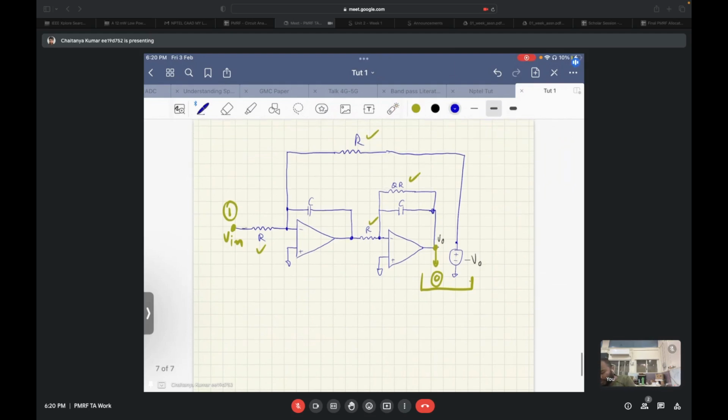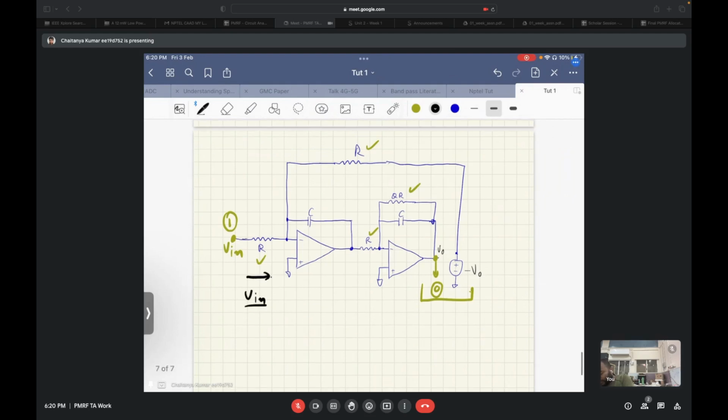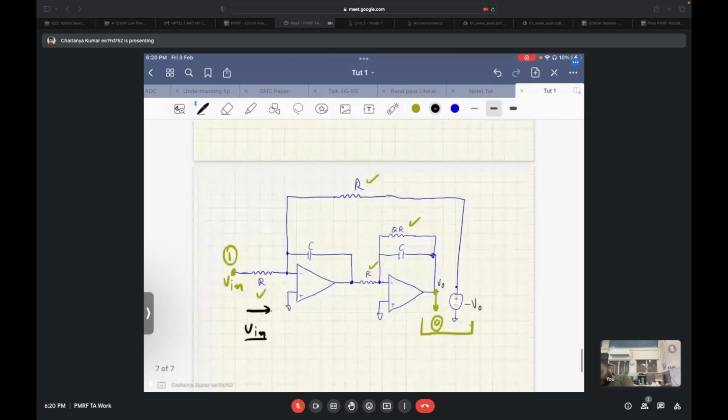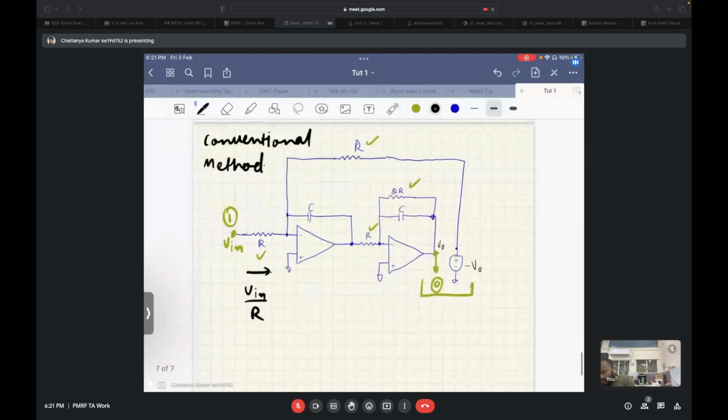So for the conventional method, the current flowing is V in by R, and the voltage over here is V naught.